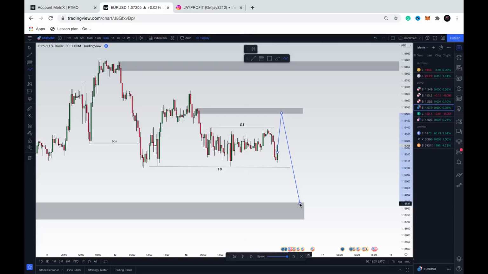It mitigates this area of demand, unmitigated demand right here, and then buys off to a premium level, right? Then not just the premium level part of it, we can still identify this area of liquidity right here.